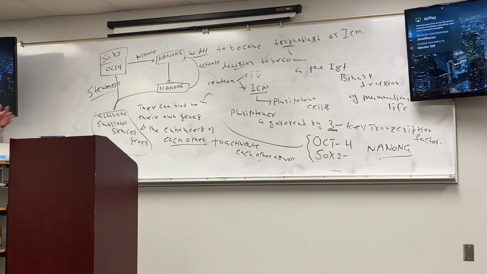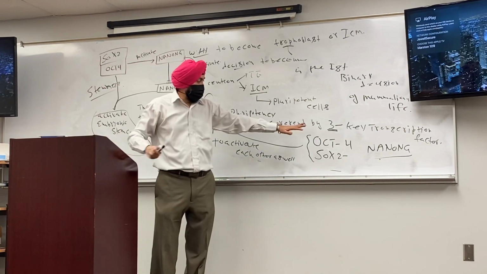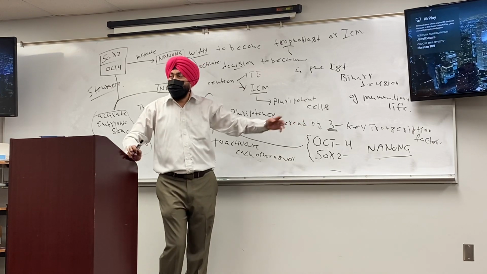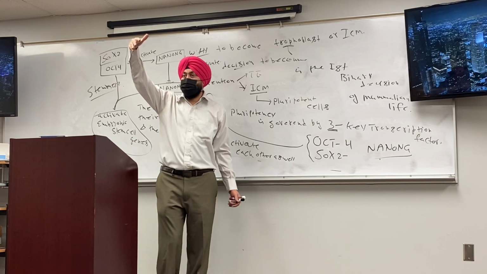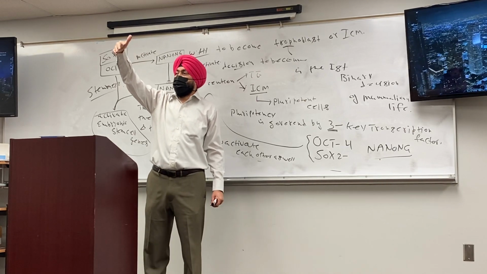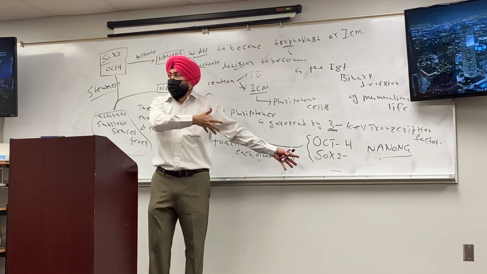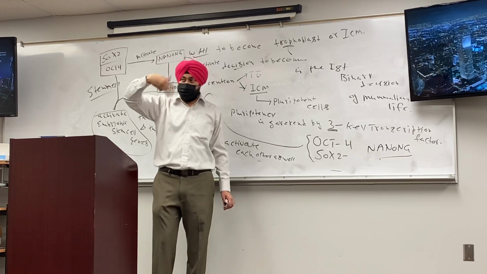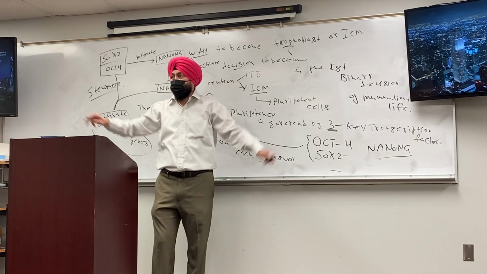That's what these three genes are doing: OCT4, SOX2, and Nanog. When you put these genes in a skin cell, they actually de-differentiate it. Once you start expressing these genes, it is no longer a skin cell, so it becomes an undifferentiated cell. Then you can make any cell from it.